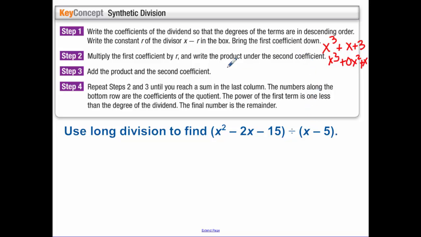Okay? So, and then make sure you change it to x minus r in the box. Okay? Multiply the first coefficient by r and write the product under the second coefficient. Add the product and then repeat until you get your final answer is the remainder.